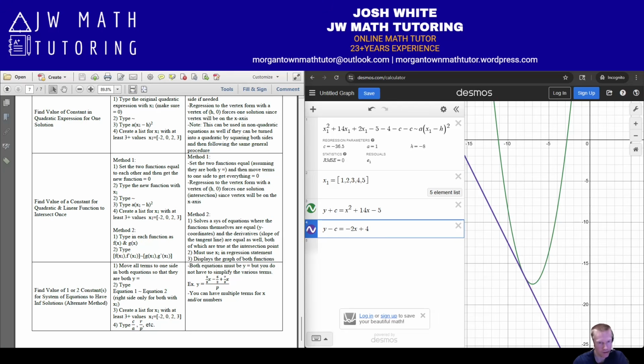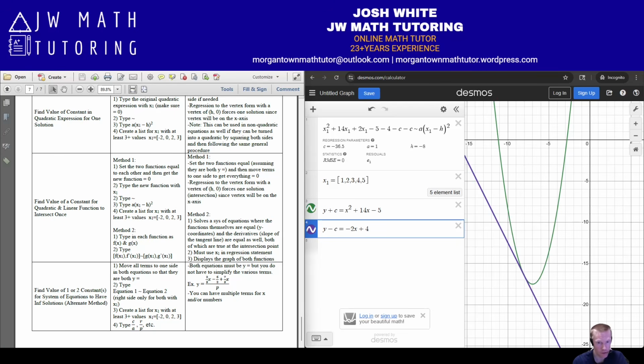So really what this system of equations is telling Desmos to do is find the point where both functions have the same y value, same y coordinate, and the slope of the tangent line, i.e. the value of the derivative, is also the same. And that will give you the value of c, or whatever constant it is, such that the two things intersect once.